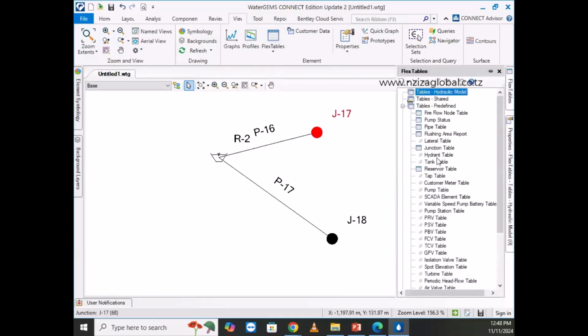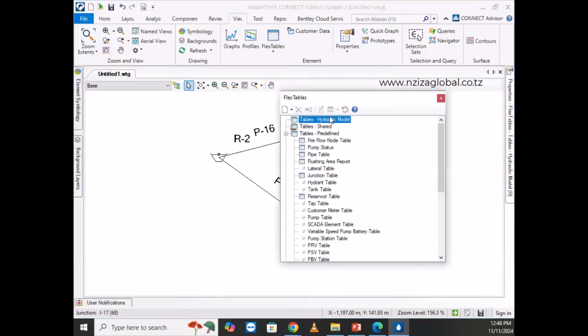We are all together. You just do it on your machine and see. You will get another table. Mine is coming here because I put it here. Yours may come in another place.